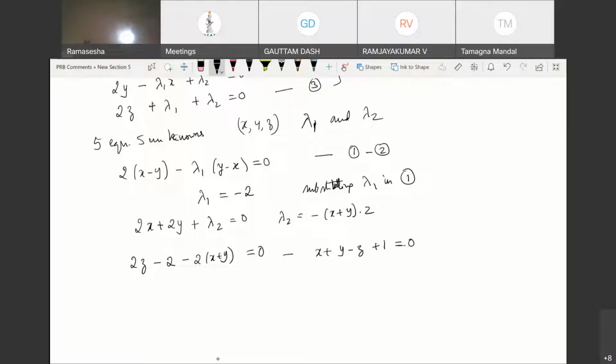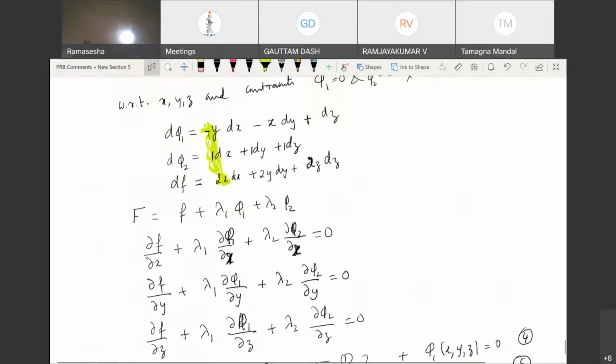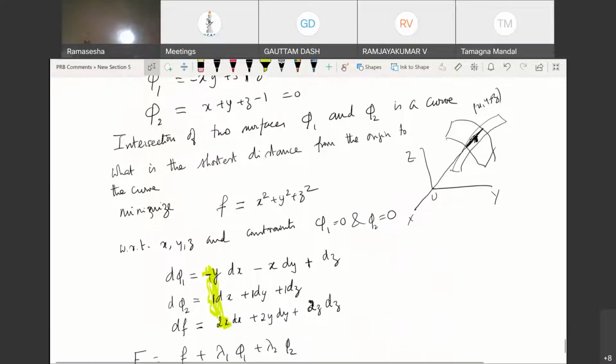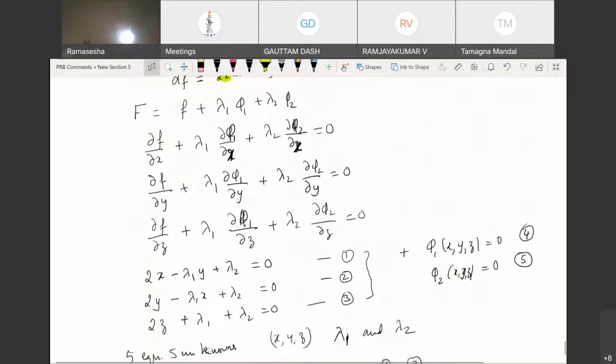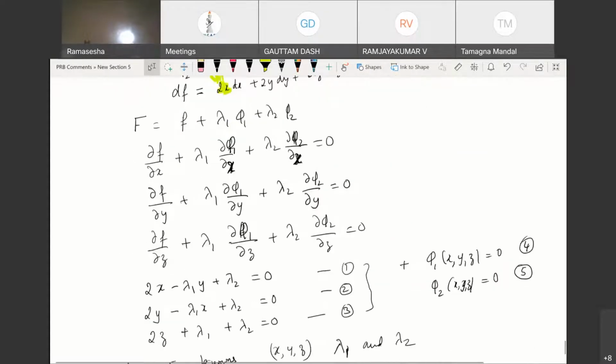And then I can also have the constraint equations, which are minus x plus z equal to 0, and x plus y plus z minus 1 equal to 0.